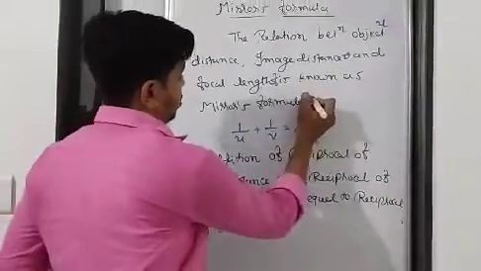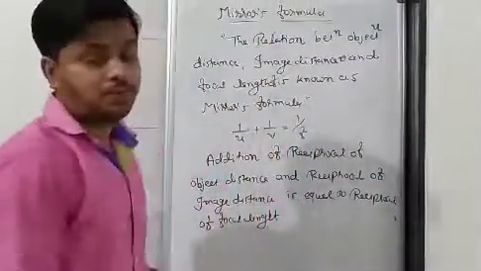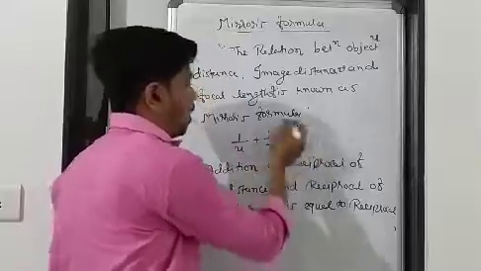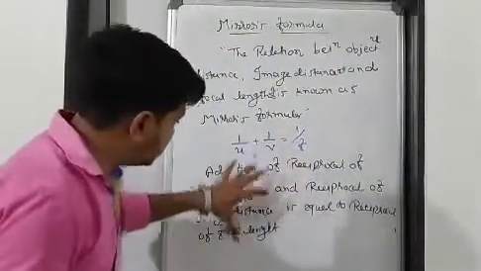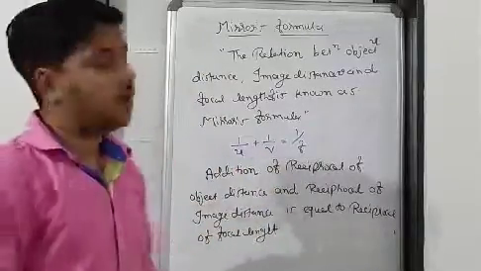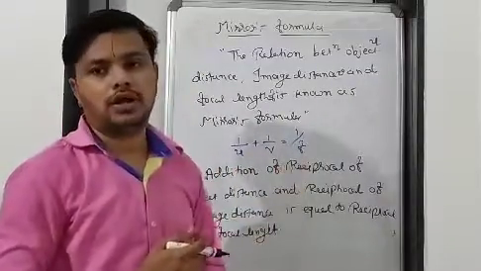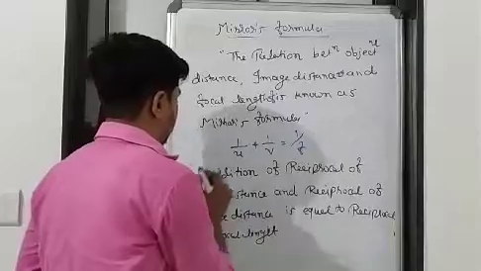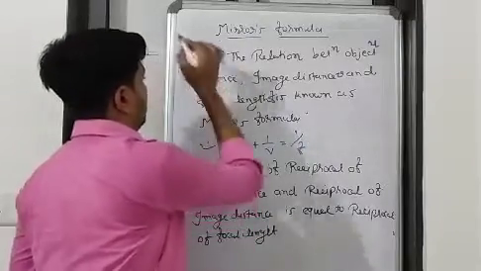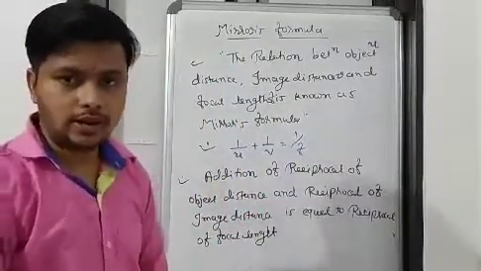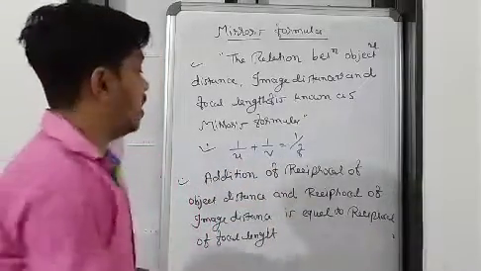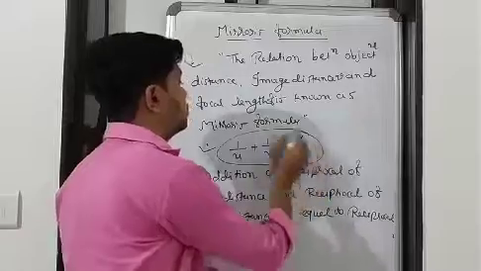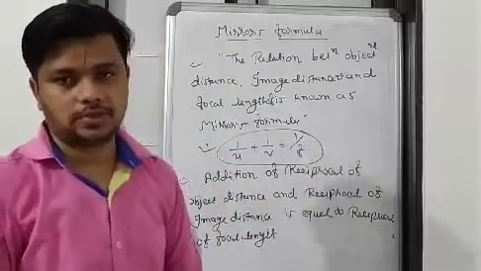Here is the definition for the mirror formula. Here is the mirror formula as a mathematical equation, and here it is in words, right? Sometimes it can also be asked. You have to remember this formula because the sums are related to it. You have to use this formula for the sums, okay?